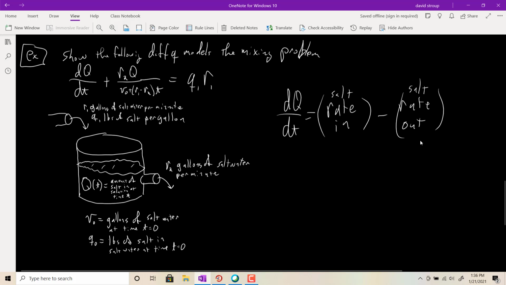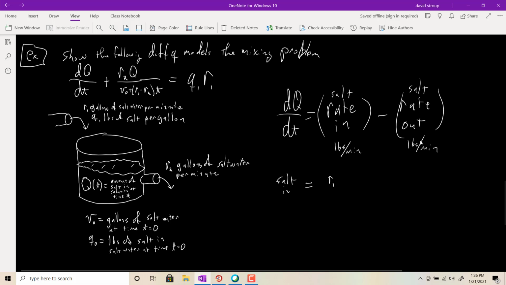One thing to note about these two rates are the units, and that's, at least in my opinion, the key to determining the formulas for these two terms. So for the salt rate in, think about the units. It has to be in pounds per minute, right? And the salt rate out is also pounds per minute. In particular, for salt rate in, you can produce pounds per minute by just multiplying R1 times Q1, right?